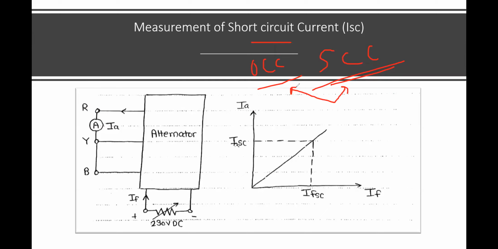Now in this characteristic, how can I calculate IFSC, or ISC? First of all, I put the field excitation at zero.